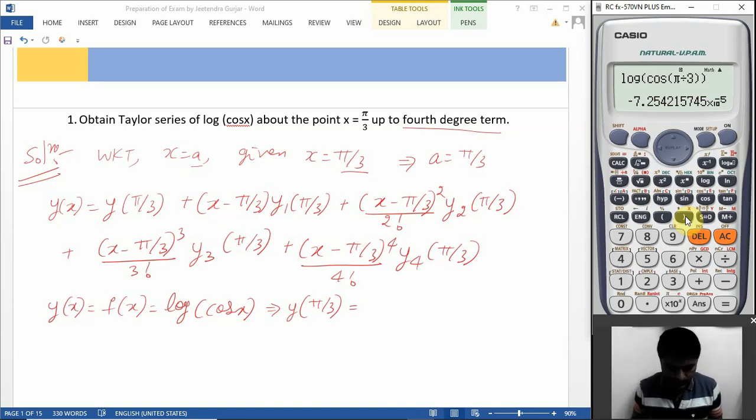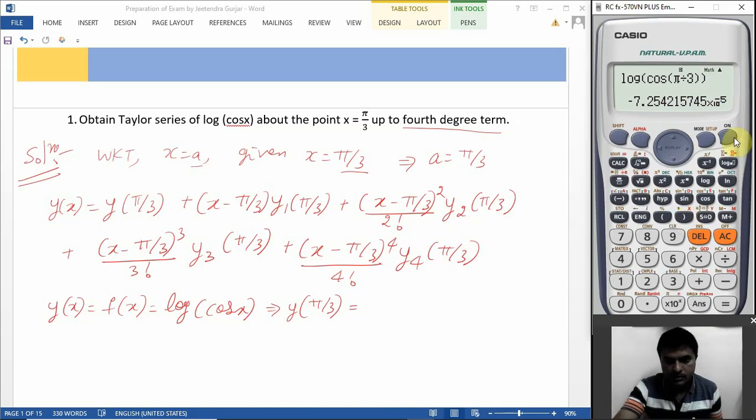yes students, you can see here it is in degree, so it is giving minus 7.2542157 into 10 raised to minus 5. Never keep 10 raised to minus 5 as it is, you have to simplify it.